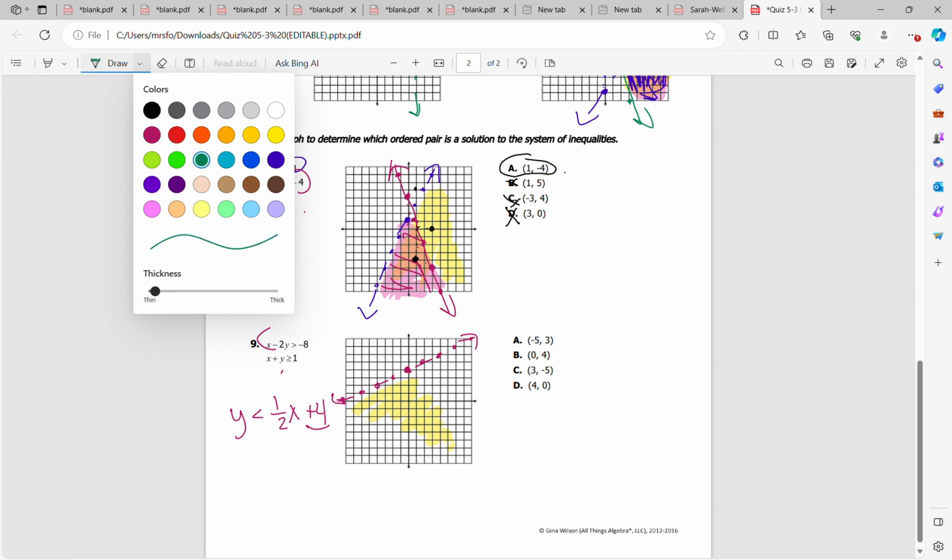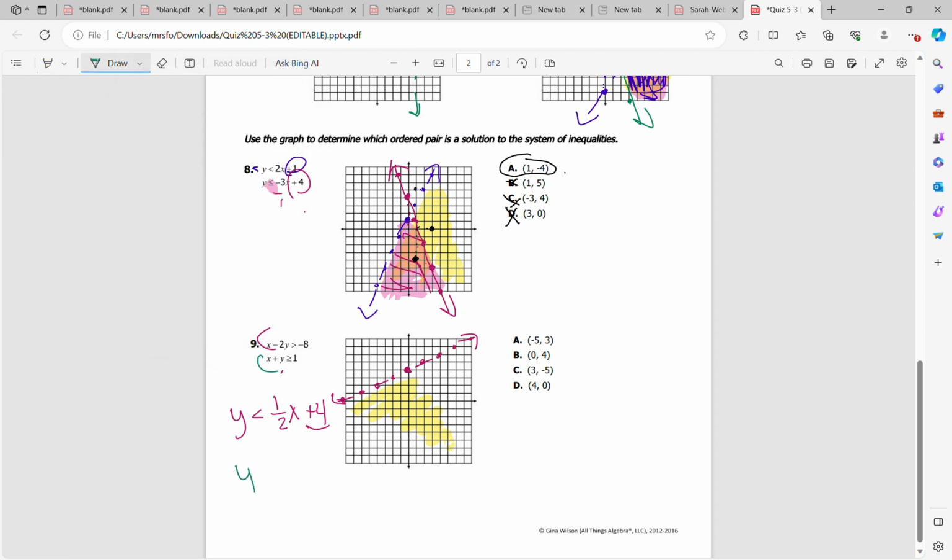Okay, next, we solve that for y. That would be y greater than or equal to negative x plus 1. So my y-intercept is 1. And then down 1 over 1, because our slope is negative 1. Or up 1 over 1.